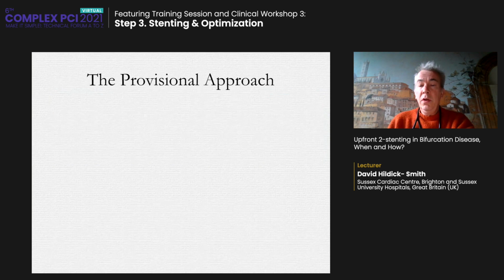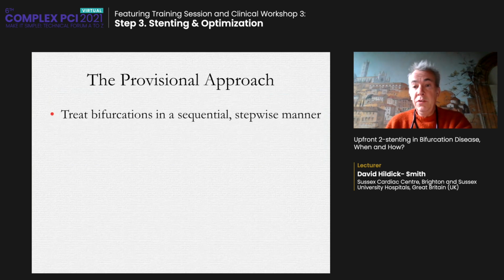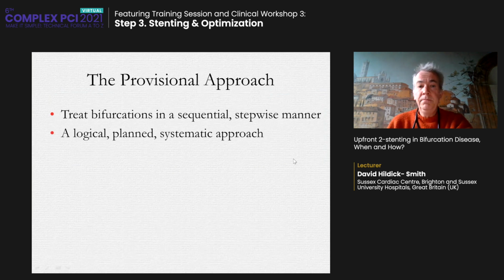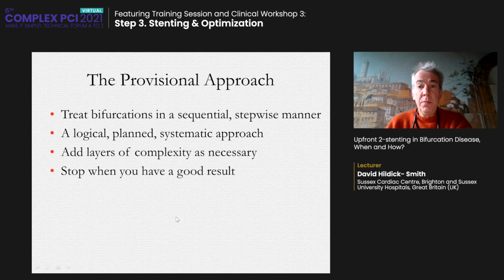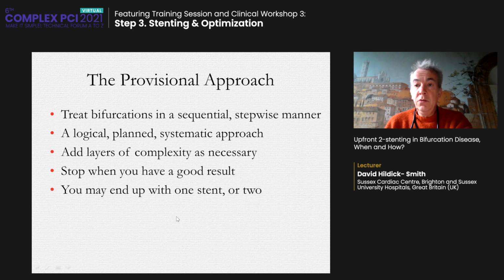As many people will know, I'm very much a proponent of the provisional approach. This is to treat bifurcations in a sequential and stepwise manner. It's a logical, planned, systematic approach, adding layers of complexity as necessary and stopping when you have a good result. You may end up with one stent or two.